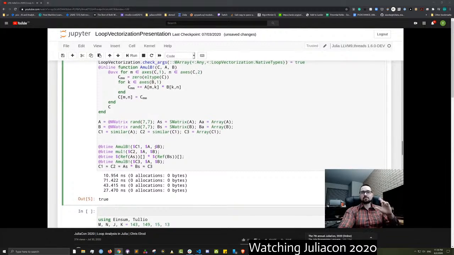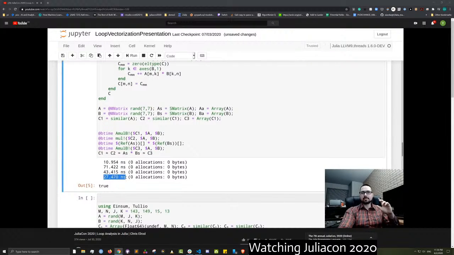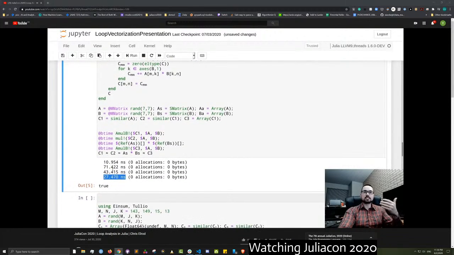And for good measure, I also create regular base Julia arrays that I evaluate this on to show that even the base arrays are, for 7x7 arrays, much faster than the static arrays or the M arrays.